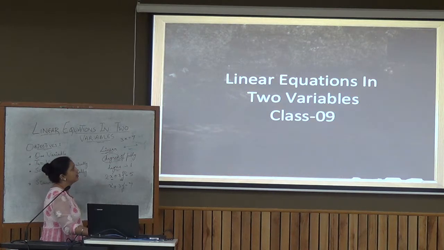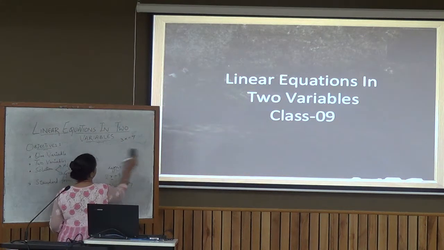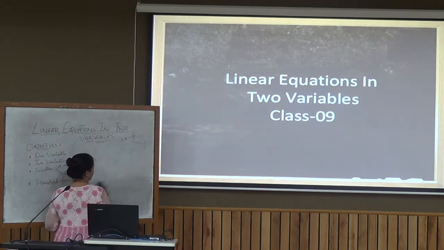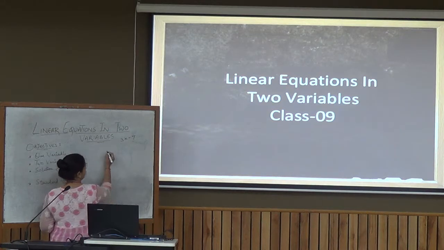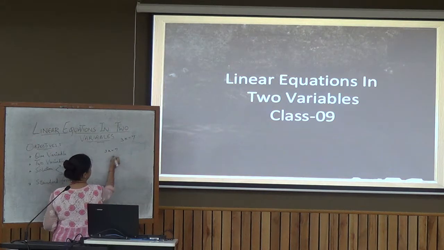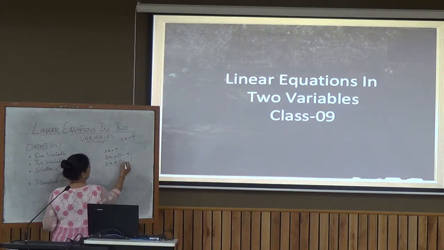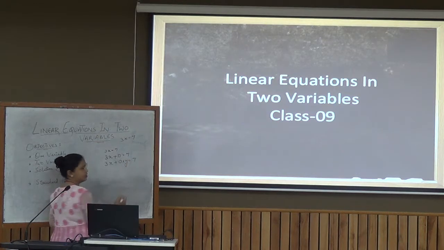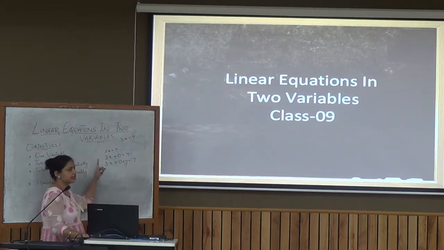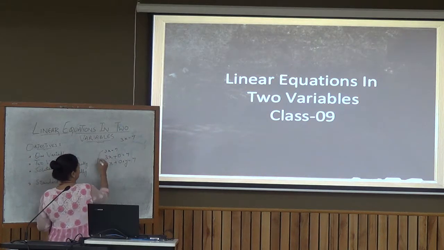But if two variables are to be considered, here we can see only a single variable, x. If we want to write the same equation in two-variable format, that can be done. 3x is equal to 7 can be written as 3x plus 0y is equal to 7, and any number or variable in mathematics multiplied with 0 gives 0. So the equation, which was given in one variable only, has been converted into two variables.